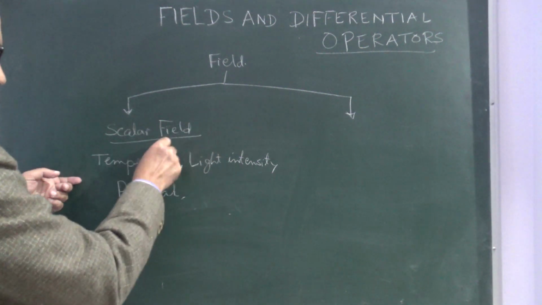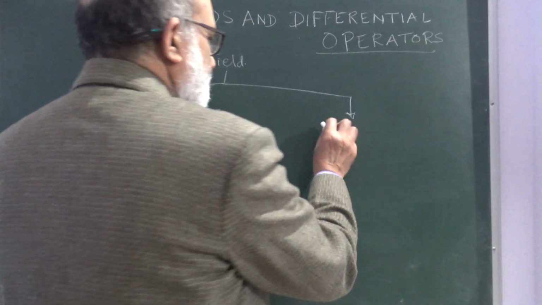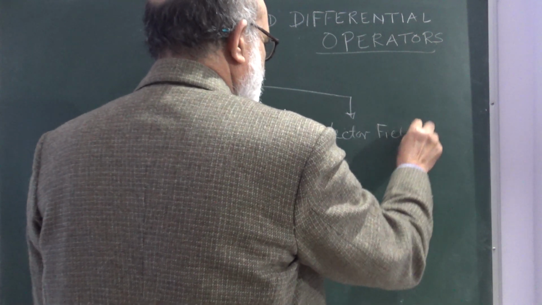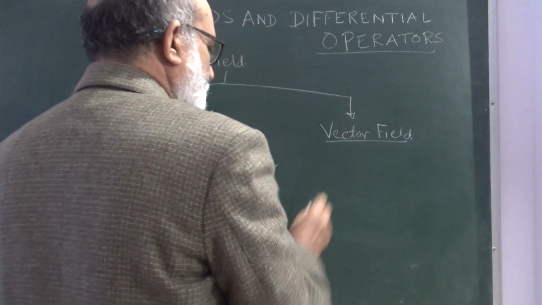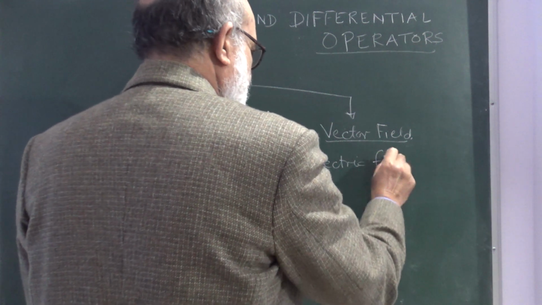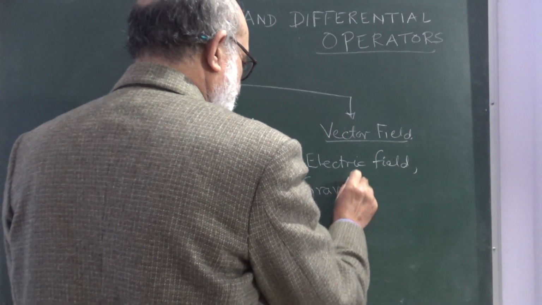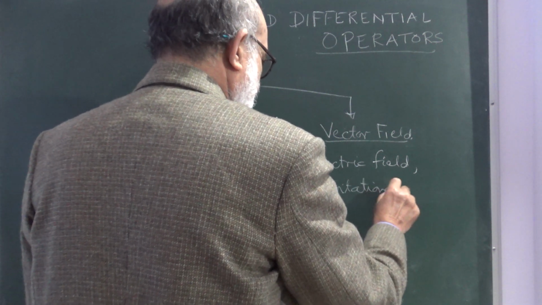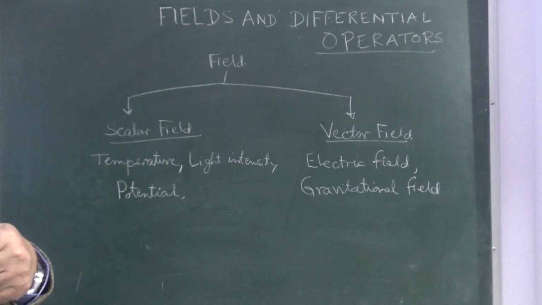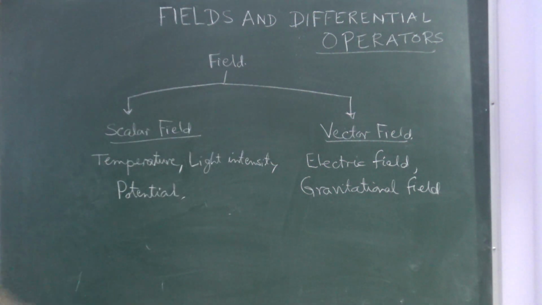All these are examples of scalar fields. Now we have a vector field. Examples of vector field are electric field, gravitational field, and so on. So we have found that fields are of two types, scalar and vector.